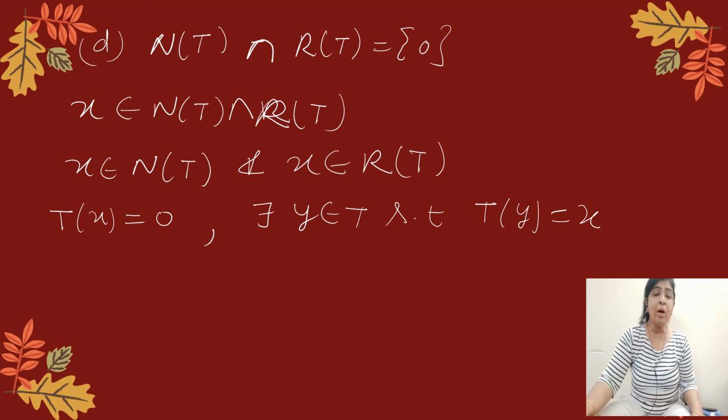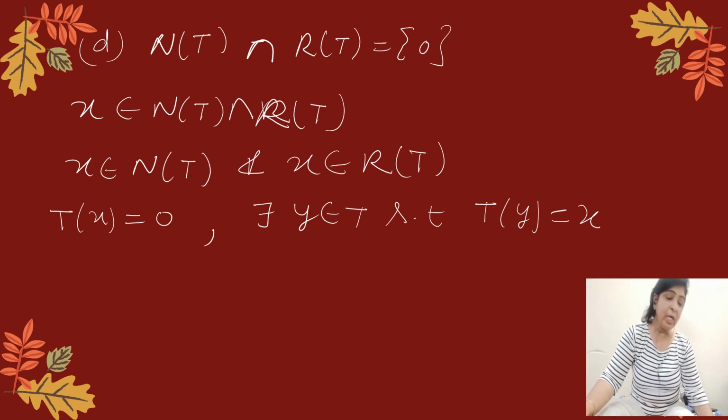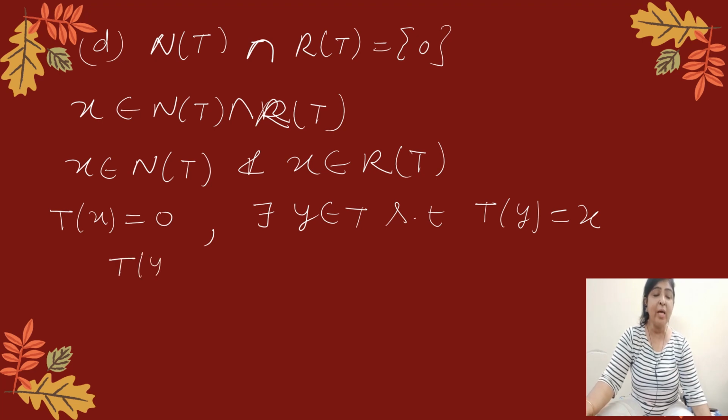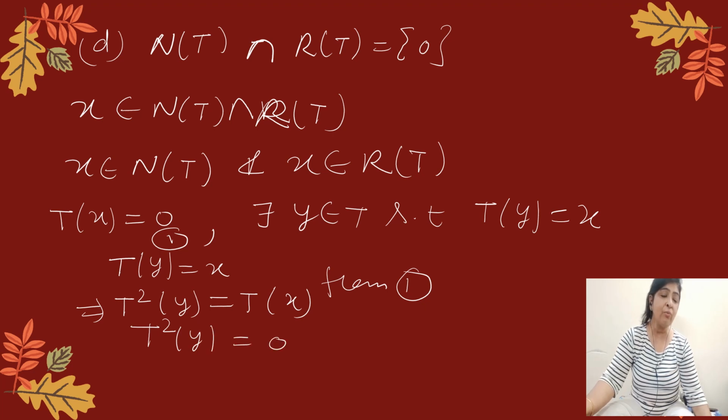Clear? Now we are given T of y is equal to x, implying T square y is equal to T of x. But T of x is given 0, so from 1, T square y is equal to 0.